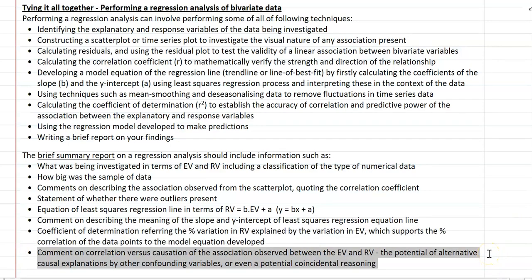Lastly, always think about and make some sort of comment on the correlation versus causation of the association you're observing between your explanatory and response variable. Discuss any potential of alternative causal explanations by any other confounding variables you can think of, or point out any coincidental reasoning you can see for the association or correlation you're seeing between the explanatory and response variables.